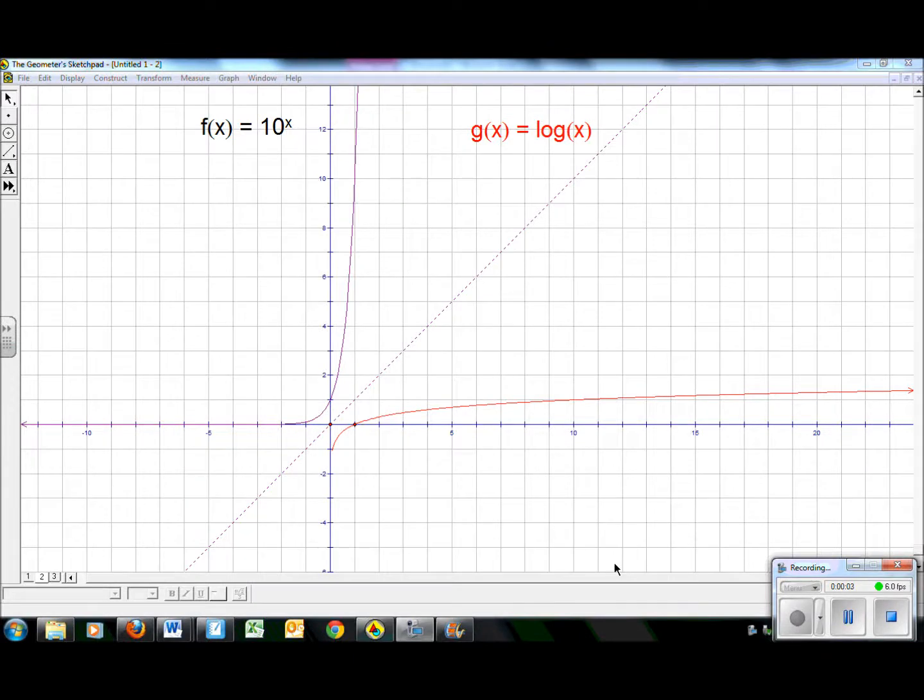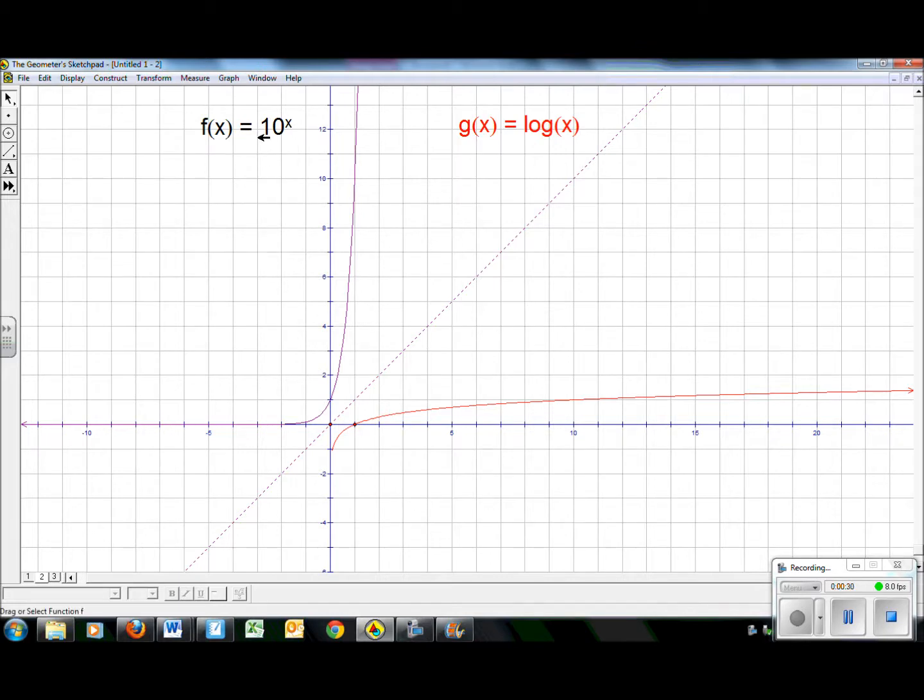So we've learned before that a function and its inverse graphically is represented by a reflection across the line y equals x, and that's because you switch the x and the y as part of finding the inverse. Well, we know and we've researched to find that the logarithm is the inverse of taking x and putting it in the exponent position.